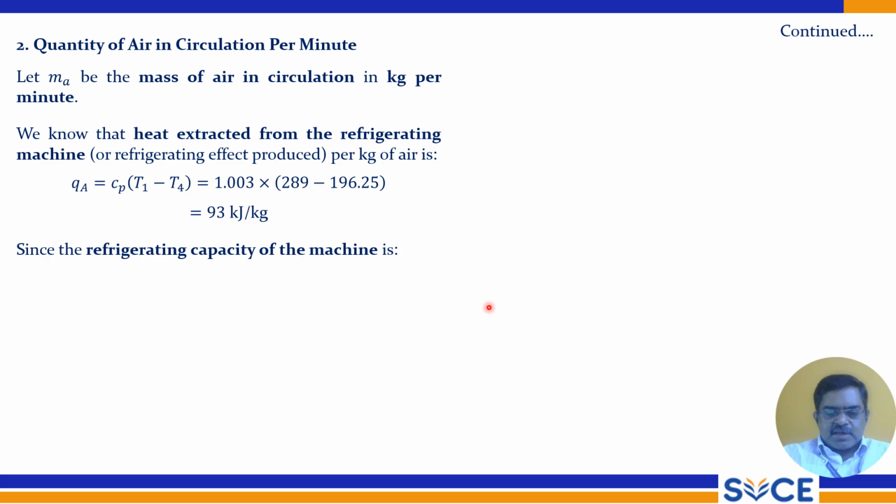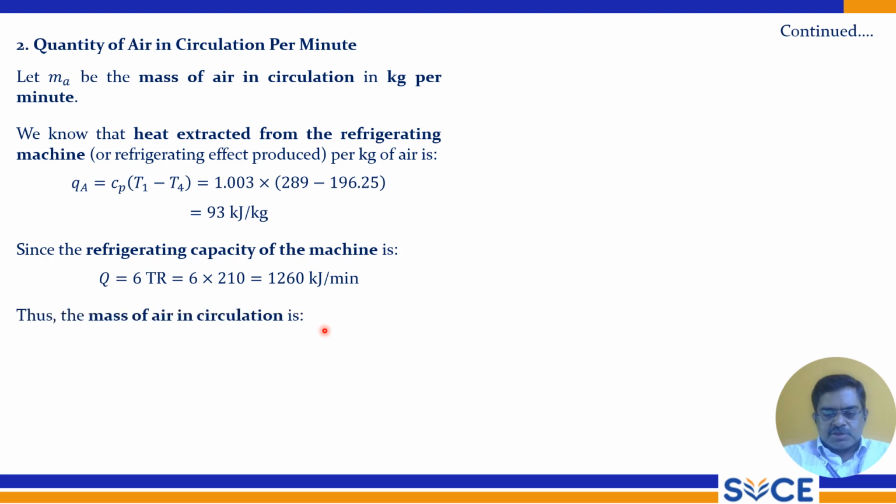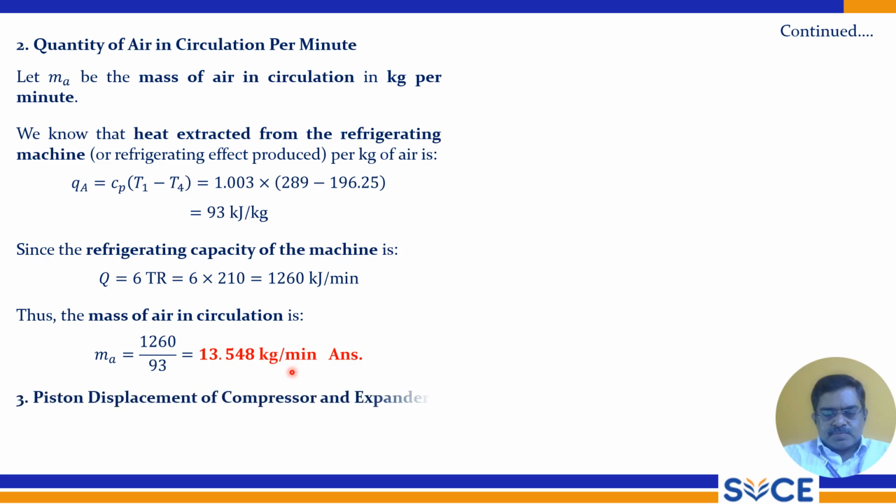Since the refrigerating capacity of the machine is Q equal to 6 tons of refrigeration, that is 6 into 210, that comes 1260 kilojoules per minute. Thus the mass of air in circulation is Ma equal to 1260 divided by 93, that is 13.548 kg per minute. So this is the quantity of air in circulation per minute.